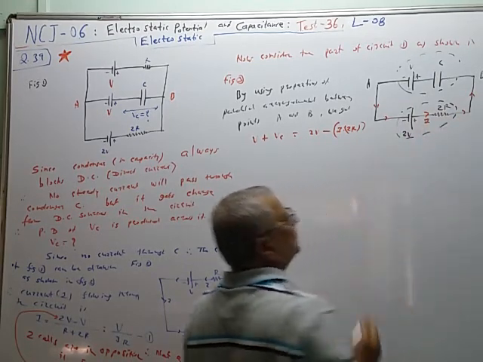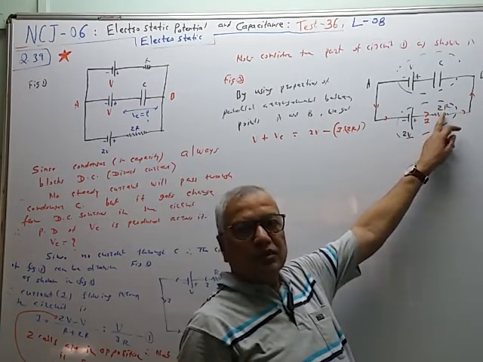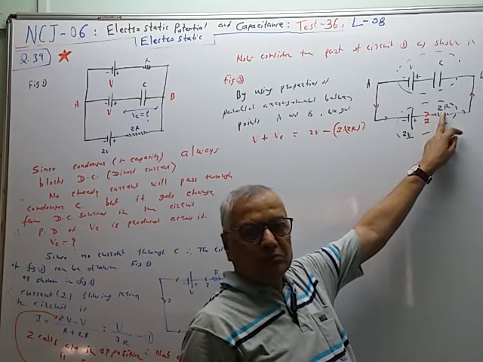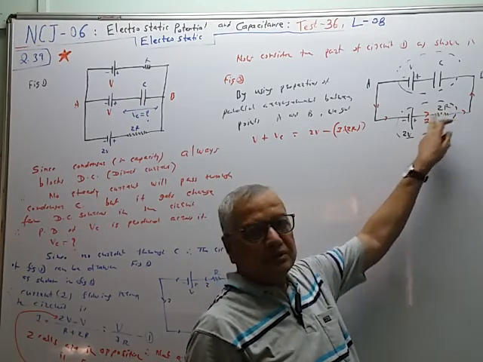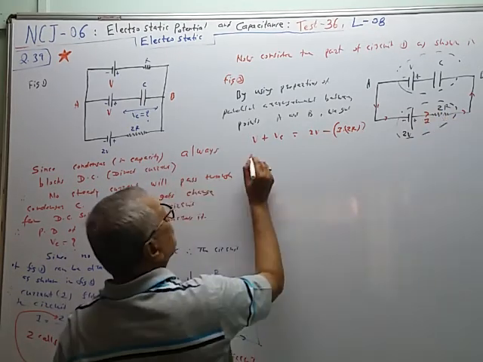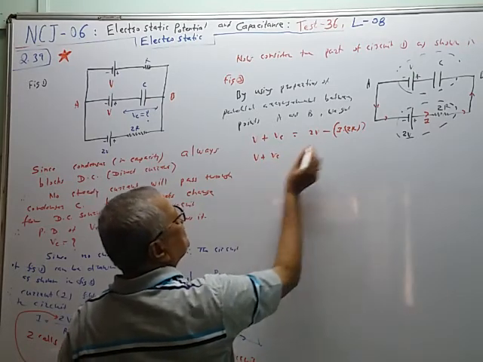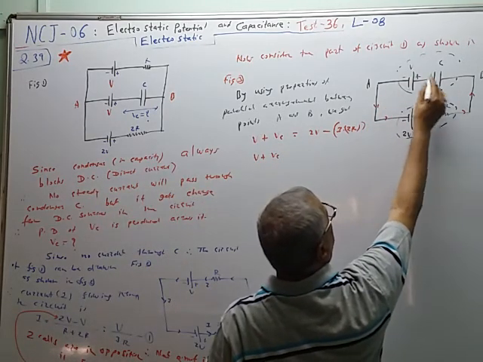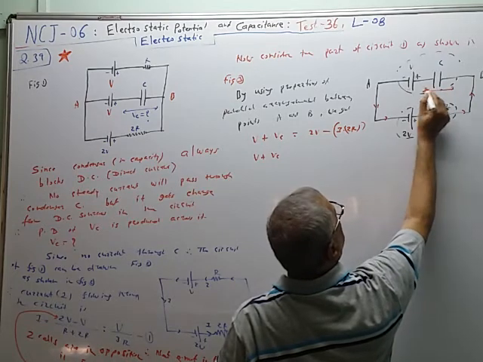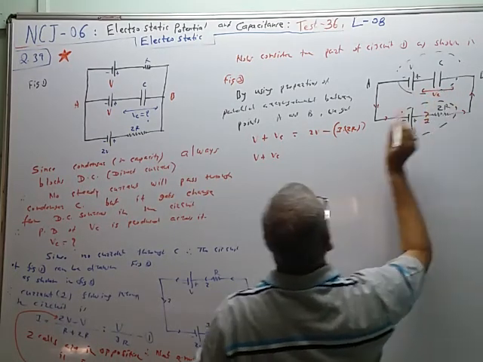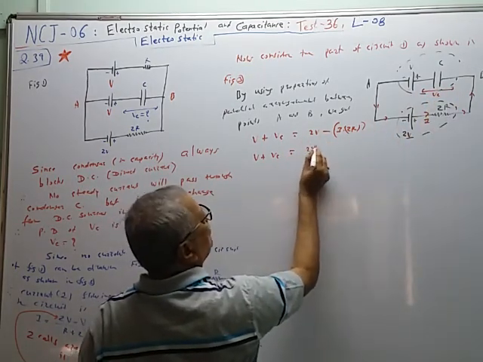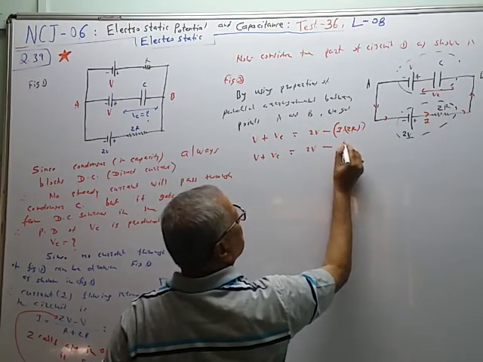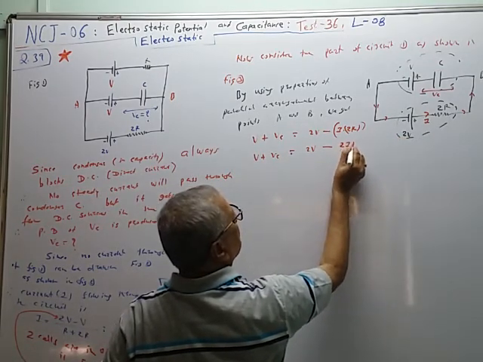So there is some potential difference produced across the resistor. By Ohm's law, it is equal to current multiplied by resistance, I into 2R. So V plus Vc, this total potential difference, V plus Vc is equal to 2 times V minus 2 times IR.